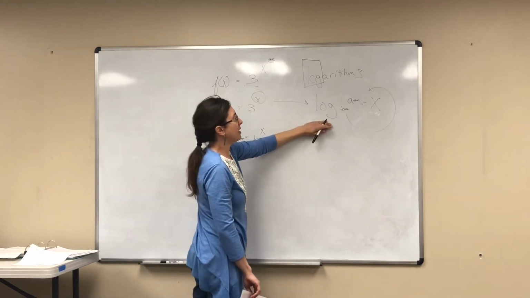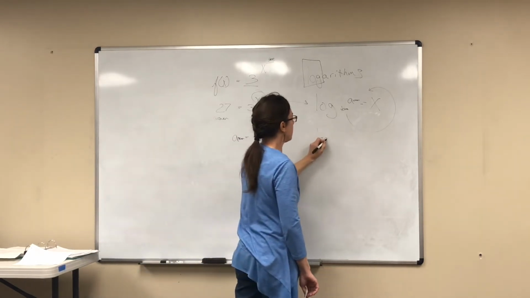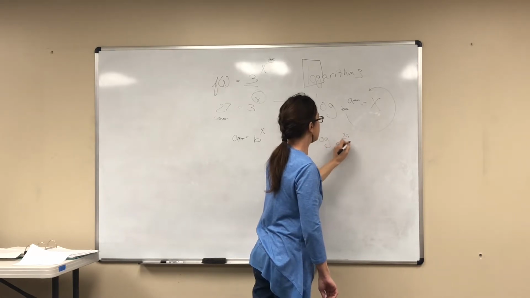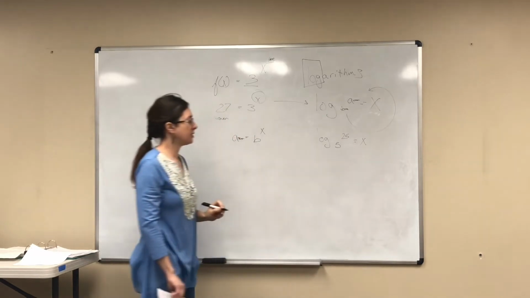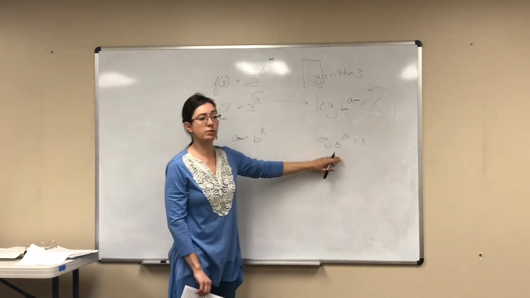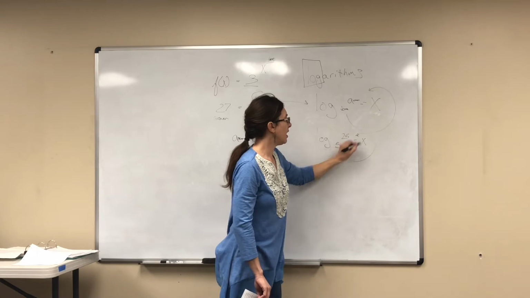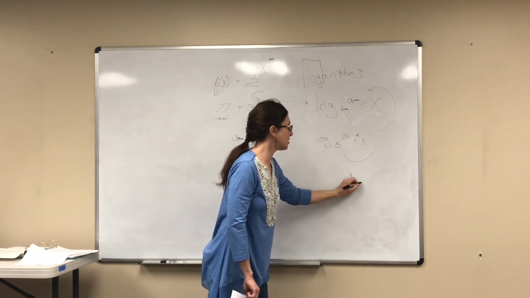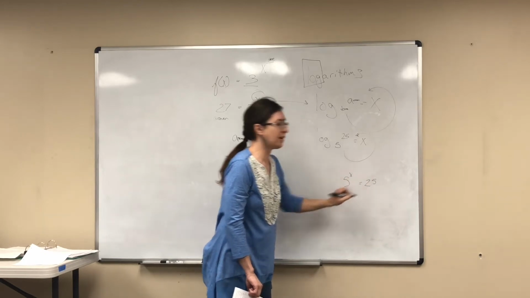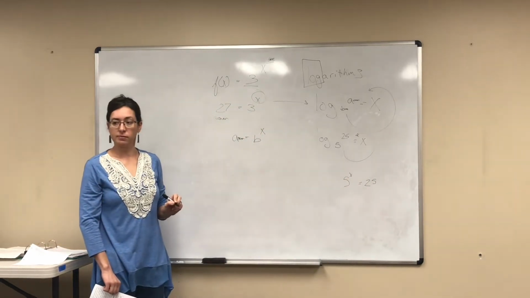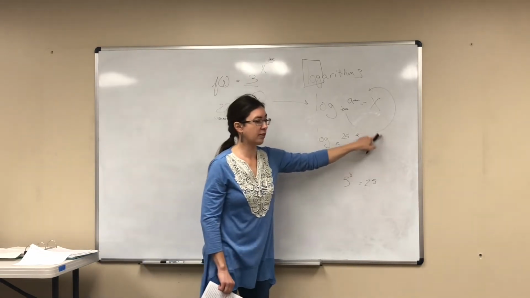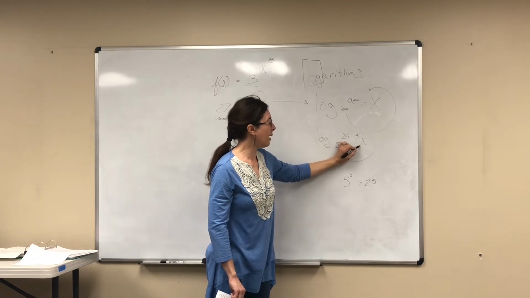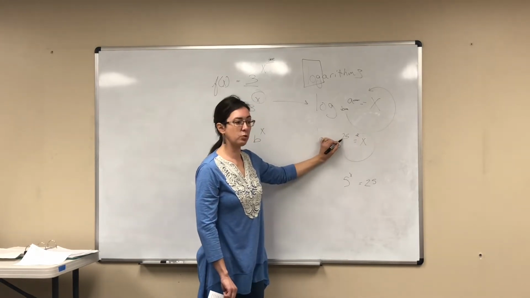If I were to take log base 5 of 25 equals x, this looks real confusing. If I circle it around and rewrite it, this means 5 to the x equals 25. See how I've written that? We have our base, this is our b, raised to some power gives me the answer of 25.